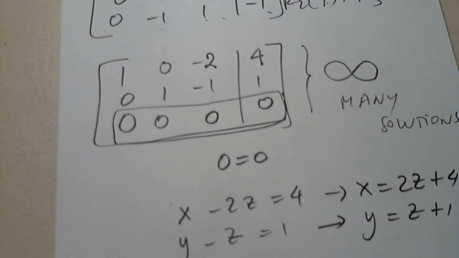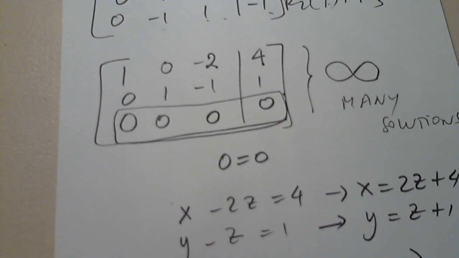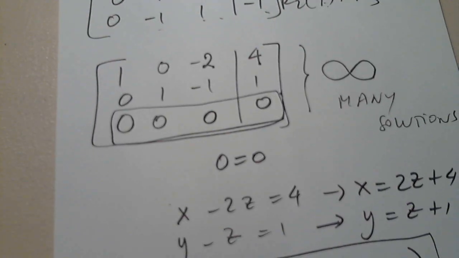And here's how we show the triple. X is 2z plus 4, y is z plus 1, and z is z. This system cannot be solved with the RREF in the calculator.